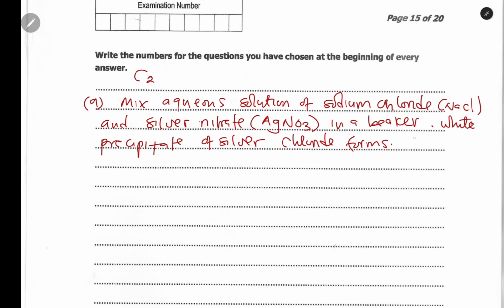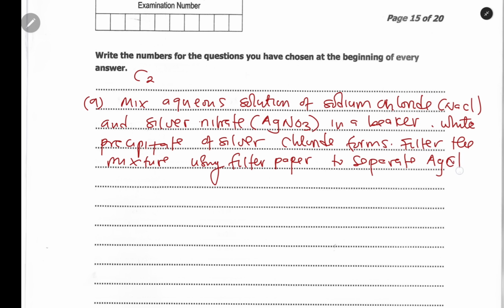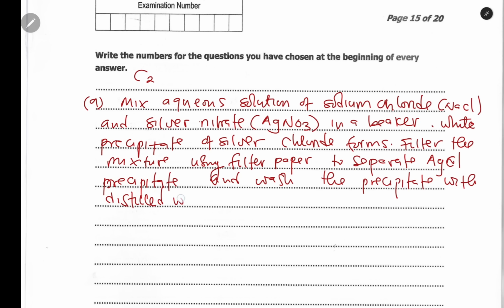Then filter the mixture using filter paper and a funnel to separate the silver chloride precipitate, and wash the precipitate with distilled water.